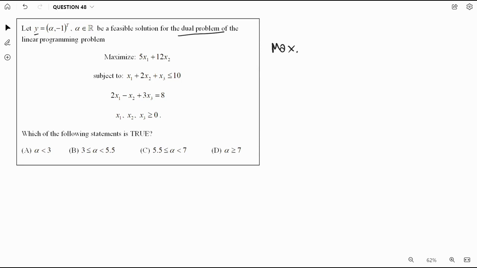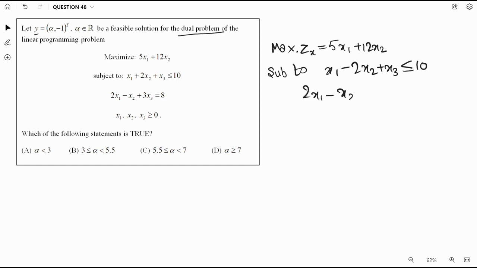This is maximize z(x) equal to 5x1 plus 12x2, subject to constraints x1 plus twice x2 plus x3 equal to 10, twice x1 minus x2 plus 3x3 equal to 8, and x1, x2, x3, all three of them are non-negative. Now this is our primal problem.